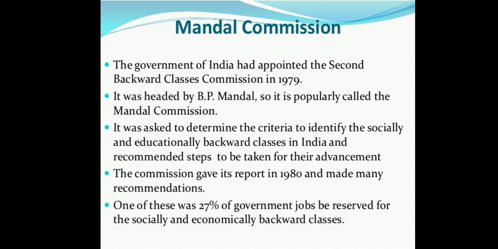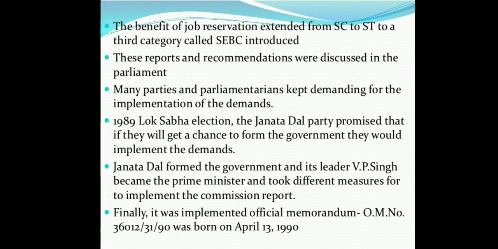That means the bill was passed, according to which 27% seats should be reserved for these classes. The benefits of job reservations extended from SC and ST to a third category called SEBC, which was introduced.